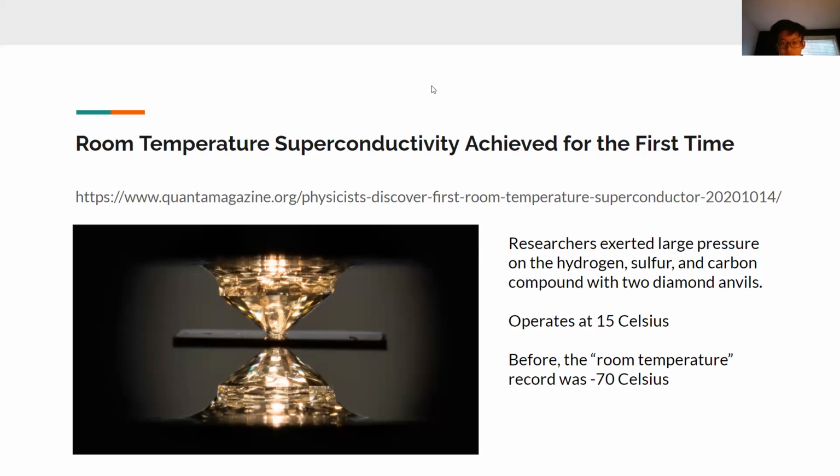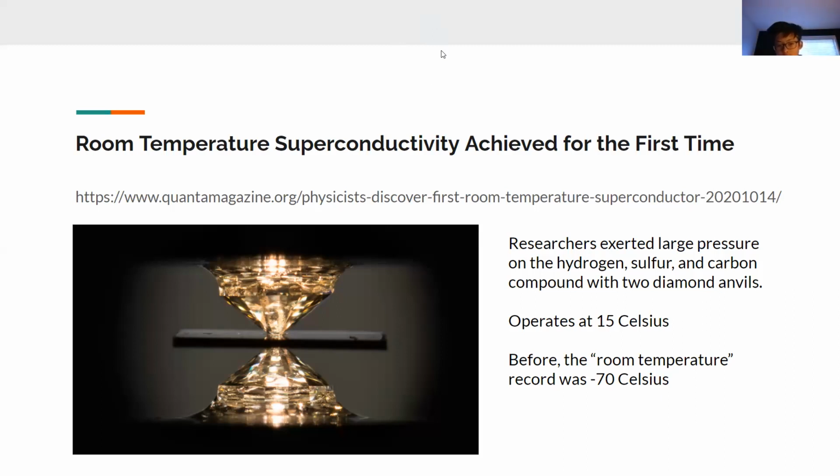And last year, the research was that some scientists used, you can see, 2 diamonds crushing the compound they formed, and they achieved superconductivity at 15 Celsius.